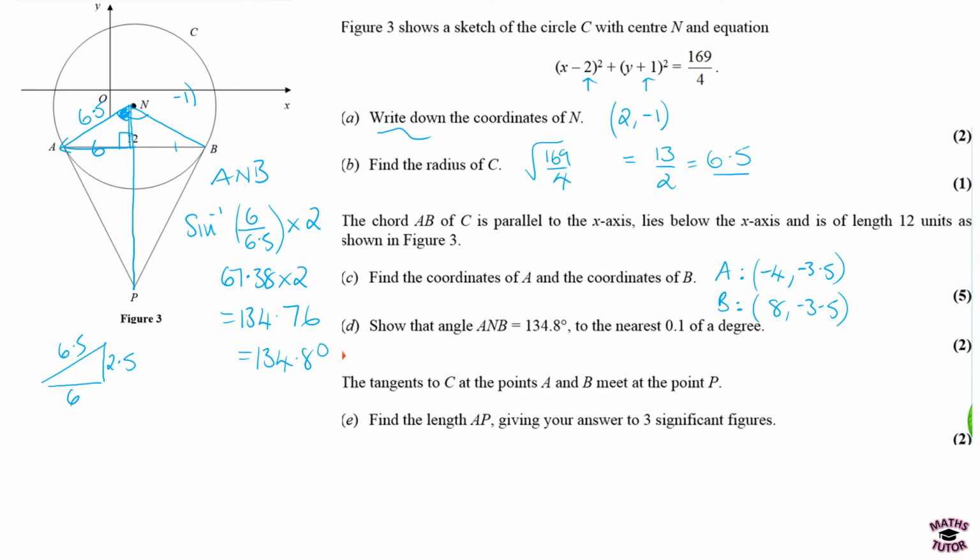So A to P, this length here. So using the fact that when we have a radius meeting a tangent, they join there at 90 degrees, and similarly here. So in this kite shape going all the way down to P, we've got angles in a quadrilateral add up to 360.